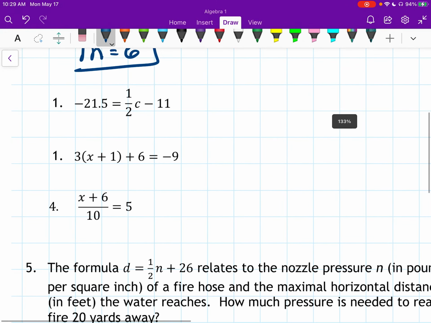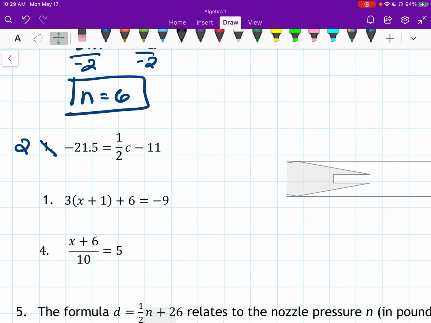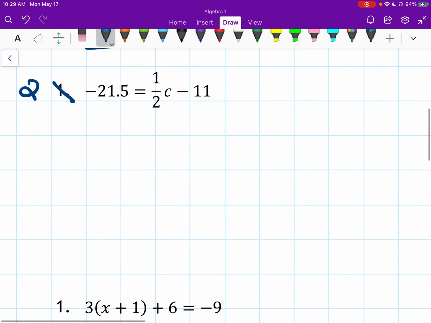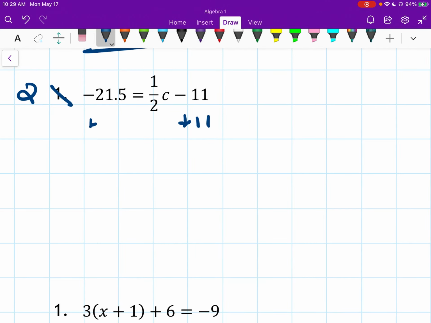This should be number 2. Beginning here, I'm going to add 11 to both sides. This gives me, and I could probably do that in my head, but I'm not going to, negative 21.5 plus 11 is negative 10.5 equals 1/2 c.